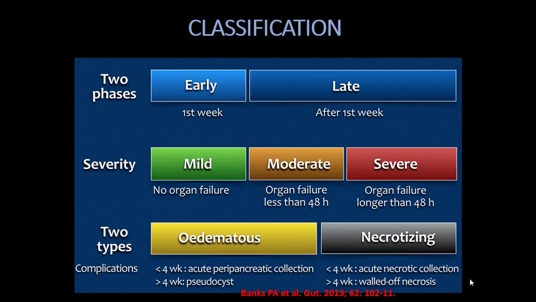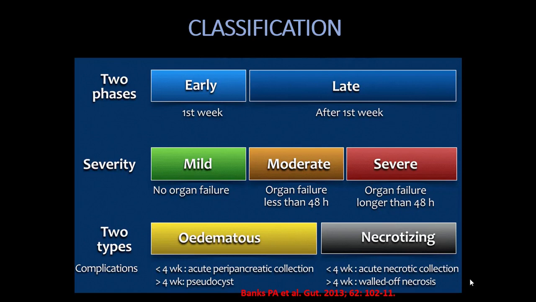Mild and moderate cases can be managed in a high dependence unit. Severe cases are classified by organ failure longer than 48 hours after adequate fluid resuscitation. This group of patients may require intensive care monitoring.